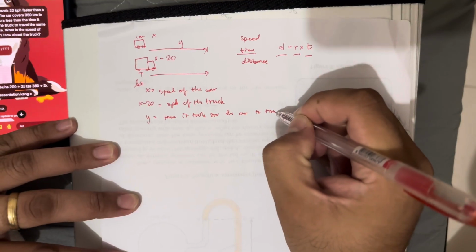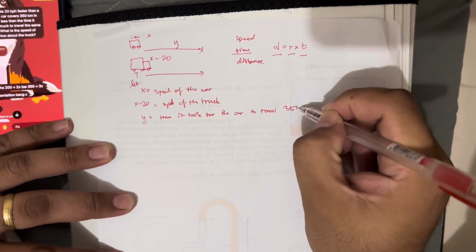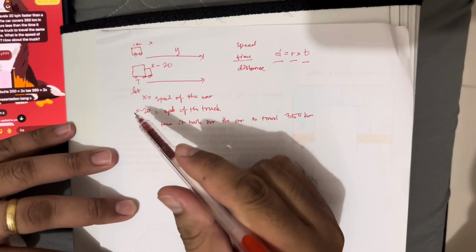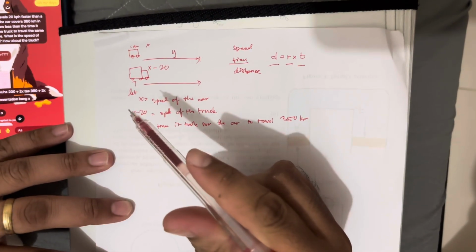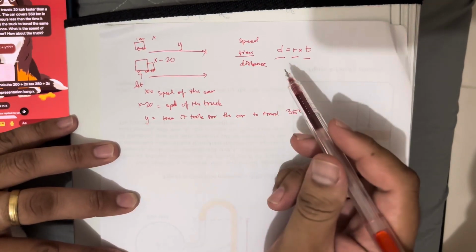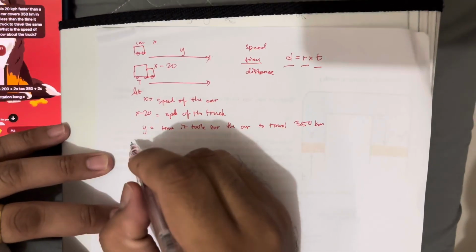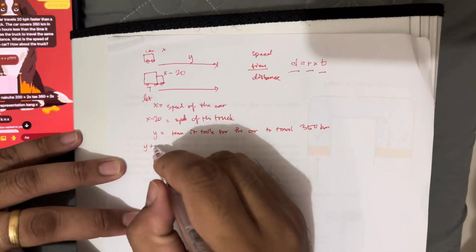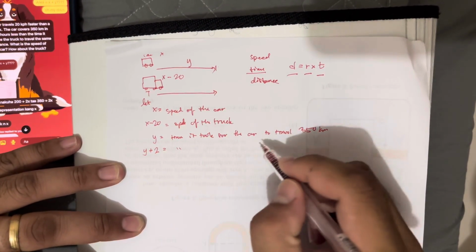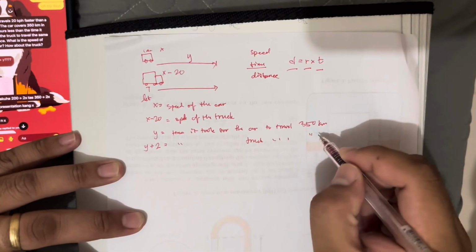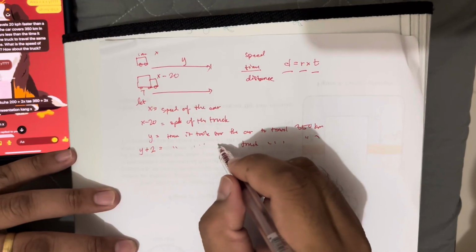Sabi sa problem, they both traveled 350 km. And then, yung truck will take an additional 2 hours compared sa car, obviously, because it's slower. So, y plus 2. Ang time it takes for the truck to travel 350 kilometers.